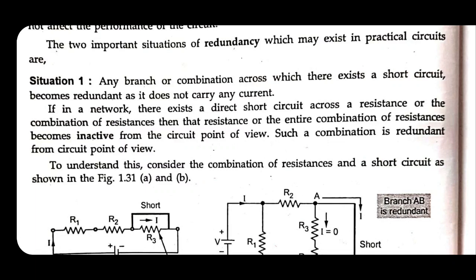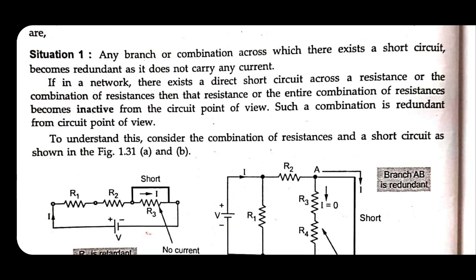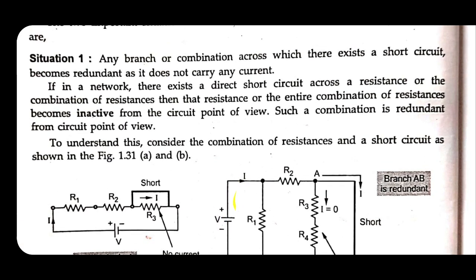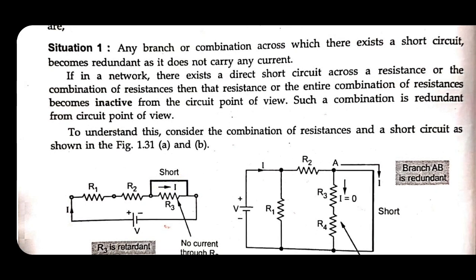See figure A: R3 is a branch and there exists a short circuit across the branch R3. The current does not flow through R3, so it is bypassed, and hence the branch R3 is a redundant branch.